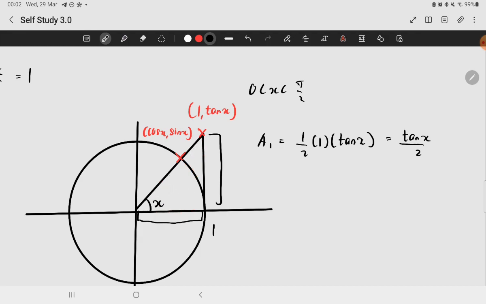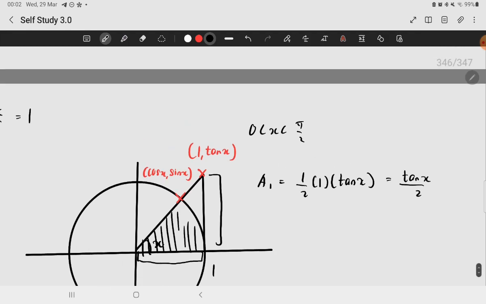Now, I'll be obtaining the second area, which is this sector right here. So this sector, remember, the x value is in radian.